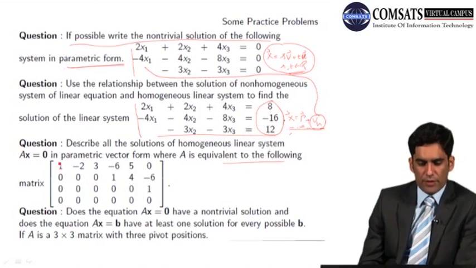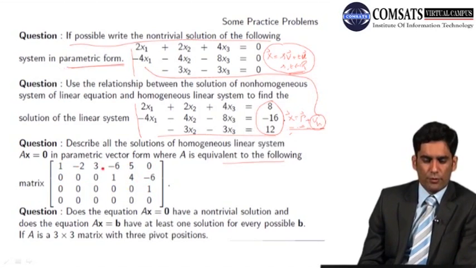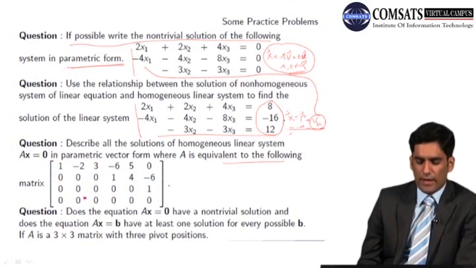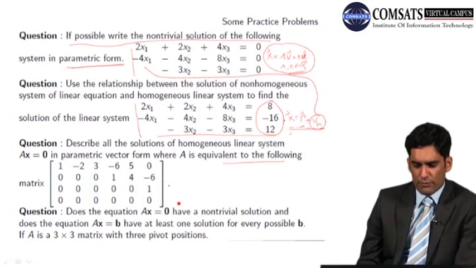अब how many variables we have? 1 2 3 4 5 6, and the fourth row gives me 0 equals 0. The fifth row gives me x6 equals 0.